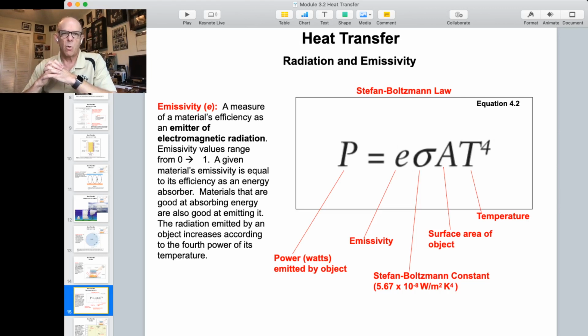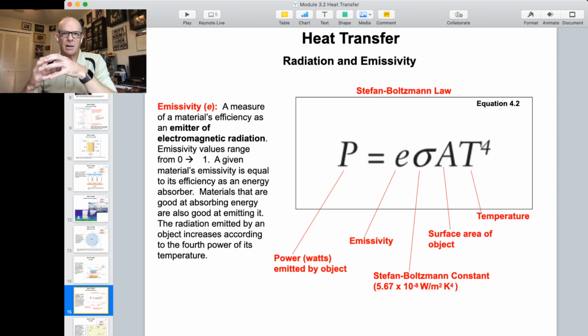All warm, dense objects radiate light. This is called thermal emission. You're doing it, I'm doing it, the walls are doing it, the book is doing it, the planet is doing it.